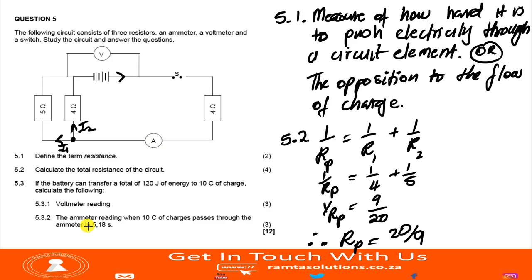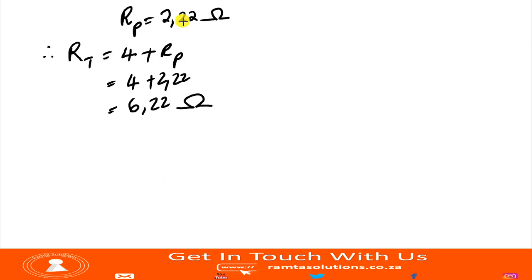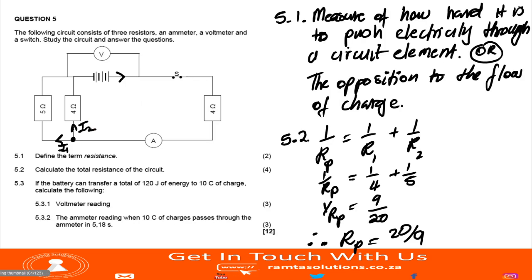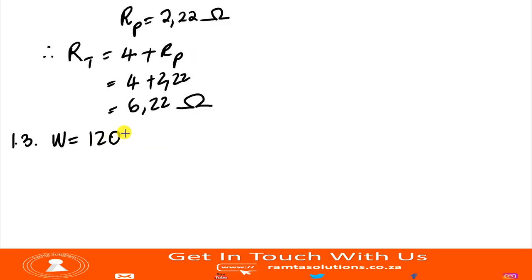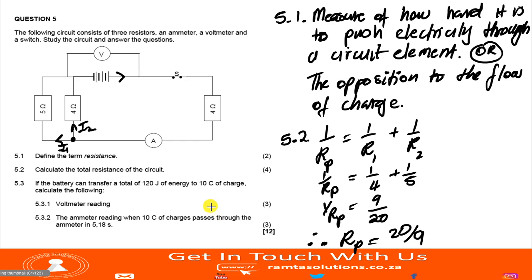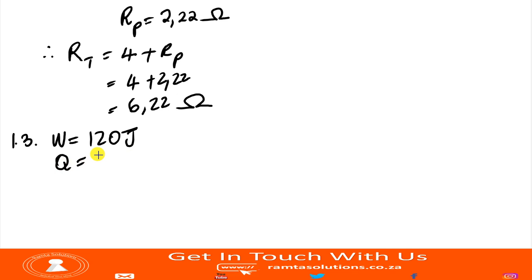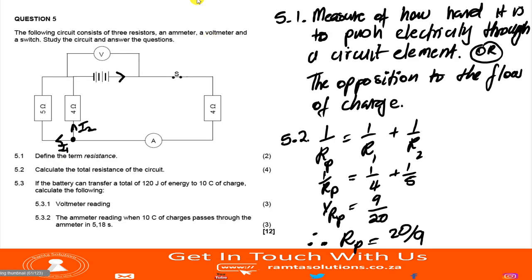Now, 5.3 says, if the battery can transfer a total of 120 joules of energy to 10 coulombs of charge, calculate the following.